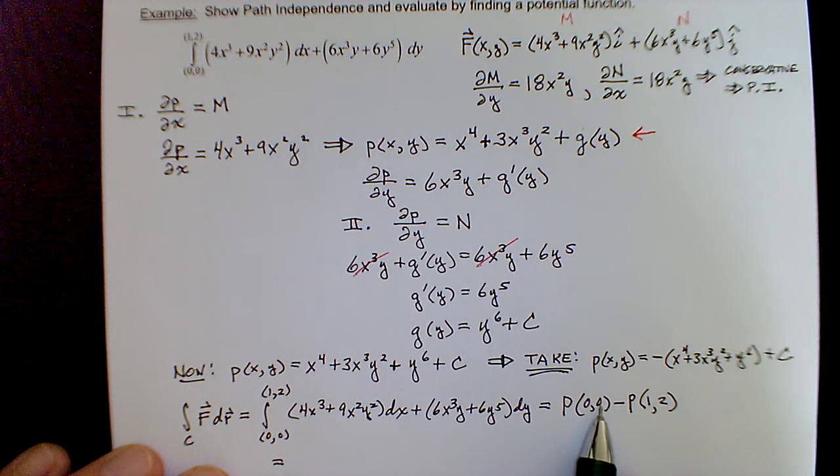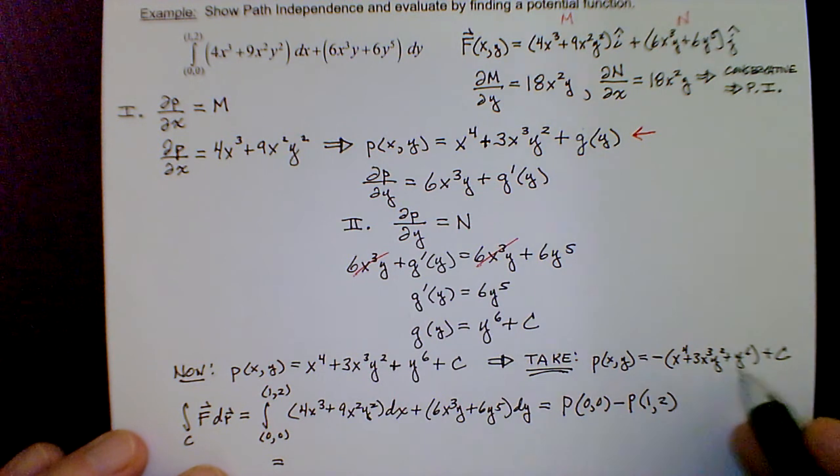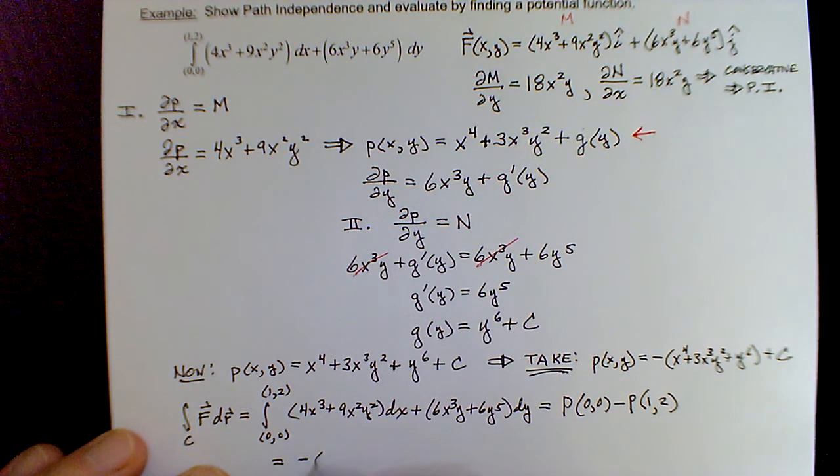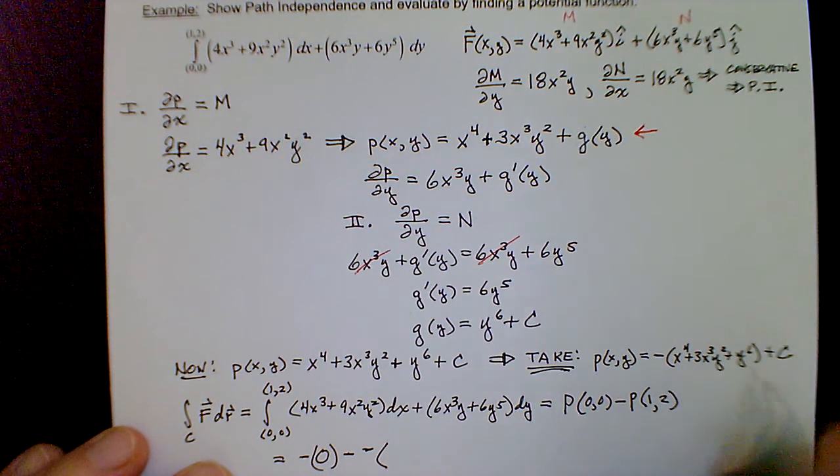So x and y are both 0 here, so this is just 0. We can ignore the c because you have a c minus a c, so that's going to be 0. So you're just going to have a minus 0, let's say, and then minus a minus. Now we'll put a 1 in for x and a 2 in for y.